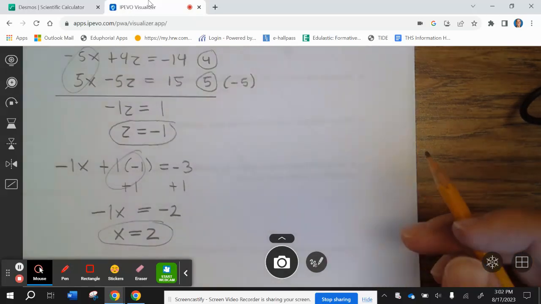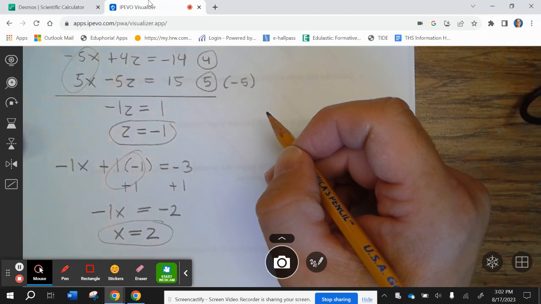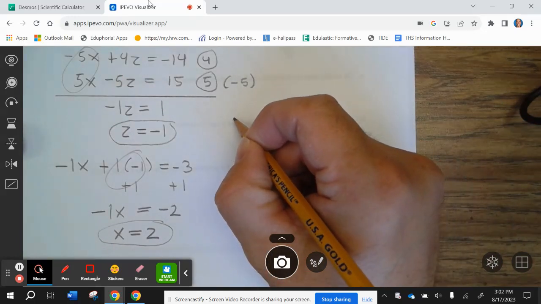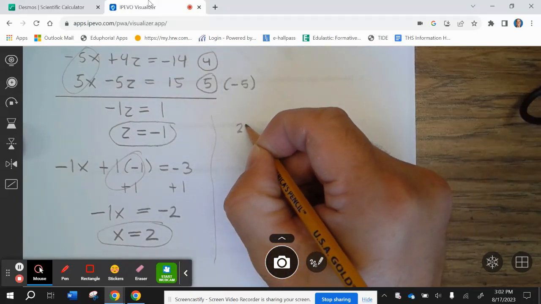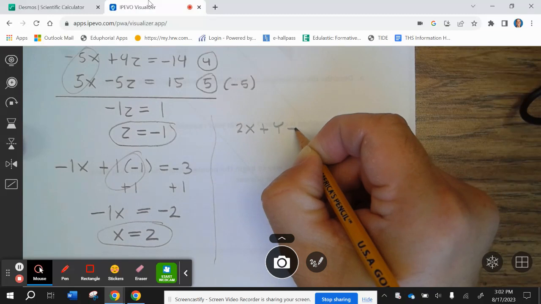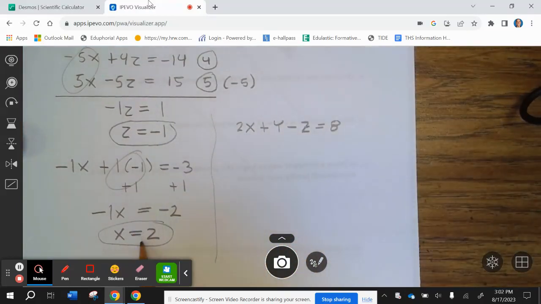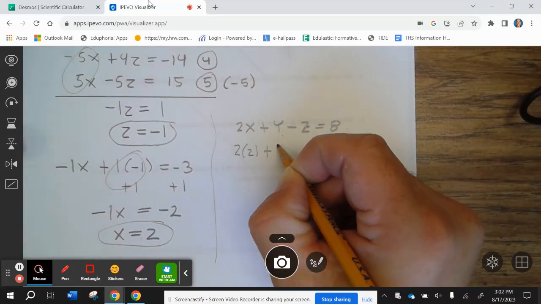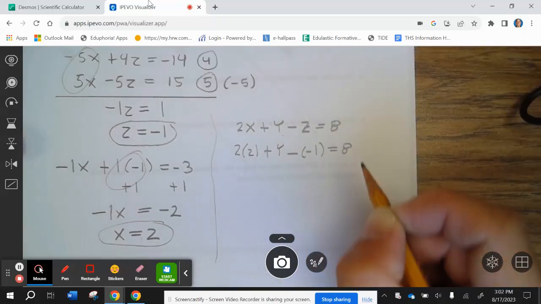Now, we can come back to any of the equations. We're looking for y, so I'm going to use the third equation. So 2x plus y minus z equals 8. I'm going to plug these values in to solve for y. So 2 times 2 plus y minus negative 1 equals 8.